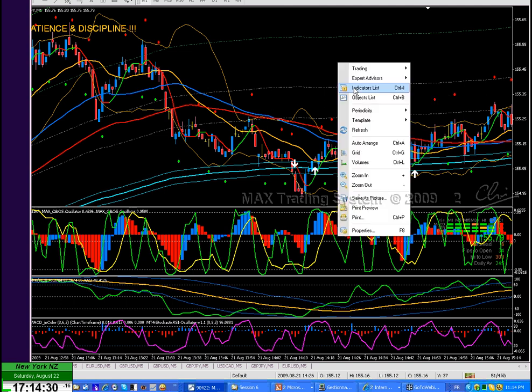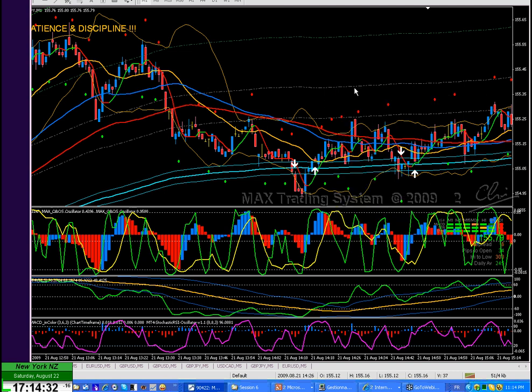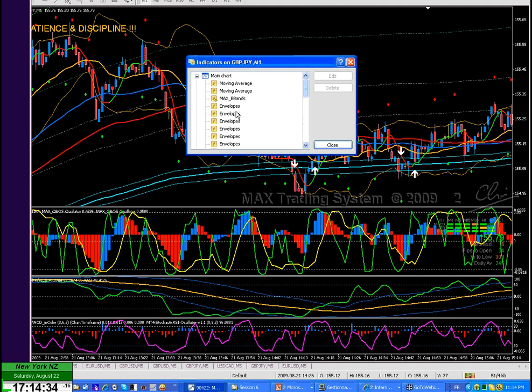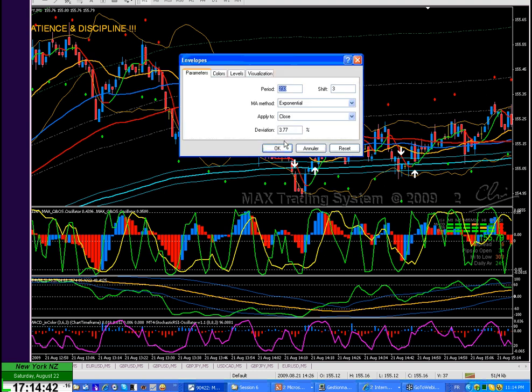You go in the indicator list, and there you will have all the tiger tunnels. If you pick one of them, you will see the deviation here. Okay? For example, here 377. And if you go in the visualization panel, you will see in which time frame this tiger tunnel will appear.